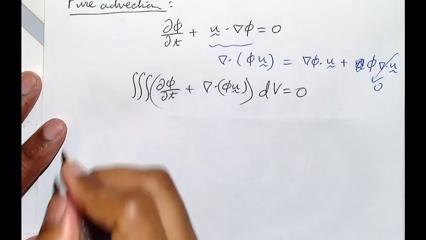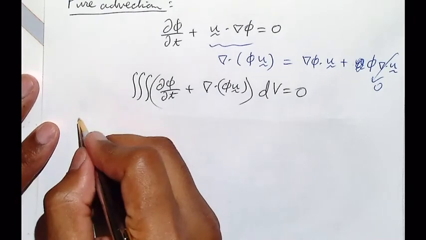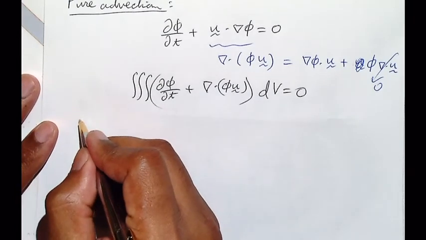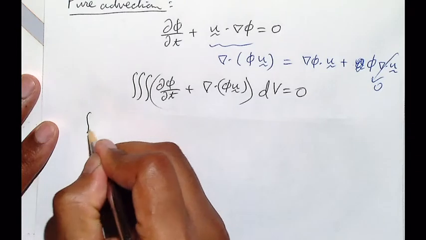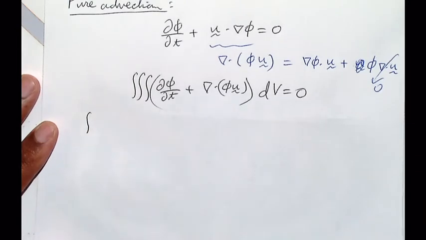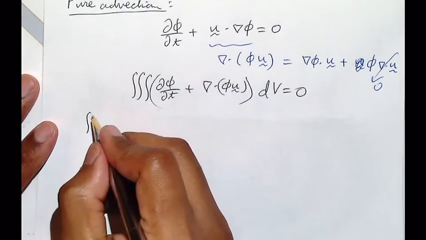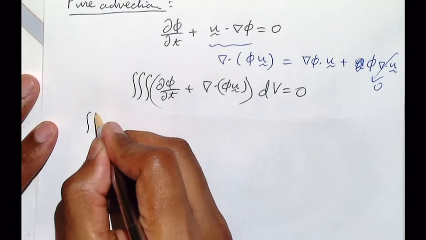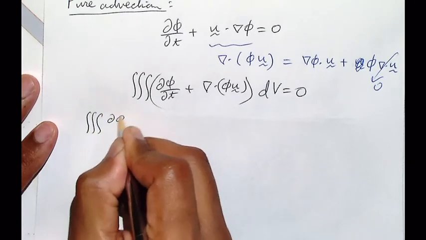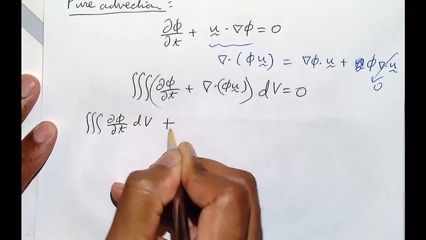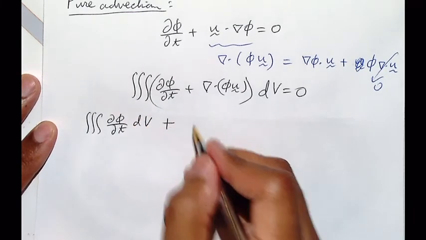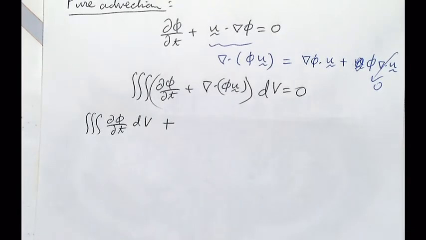Okay, so phi. Dictate and I will write. Let's write the integral first. Integral of dou phi by dou t dv, plus the volume integral of... we're trying to go to the surface integral.